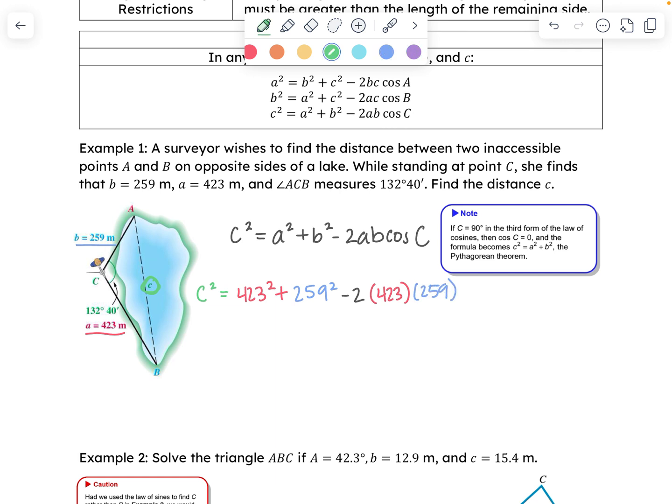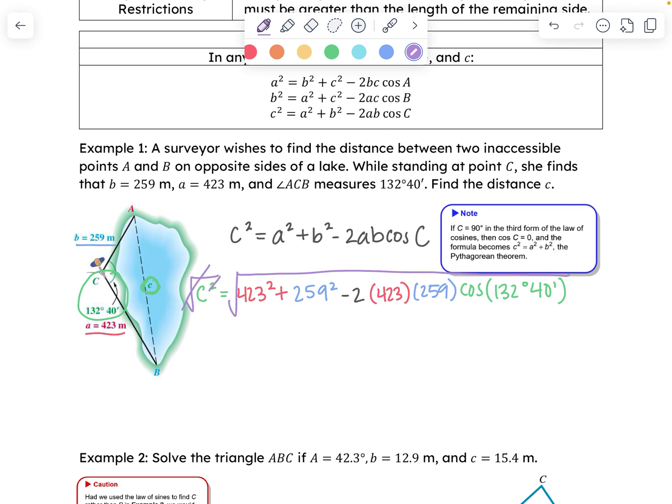And then it's times that cosine of my angle C, which is the 132 degrees and 40 minutes. Okay, to get C by itself, I need to take the square root of both sides.